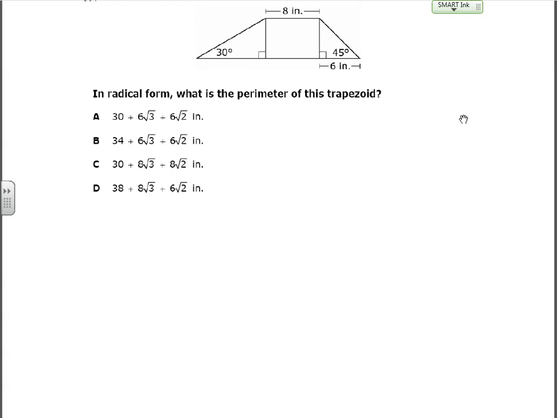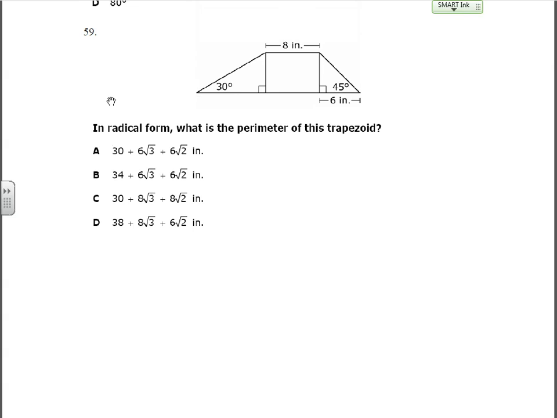You should be able to fill in these missing sides here based on what we know. Since this is a rectangle here in the middle, you should be able to fill in that bottom section as being 8. We've got a 45, 45, 90 triangle. So what's the value of that hypotenuse? Sebastian? 6 root 2. 6 root 2, right? n and n root 2 for a 45, 45, 90 triangle.